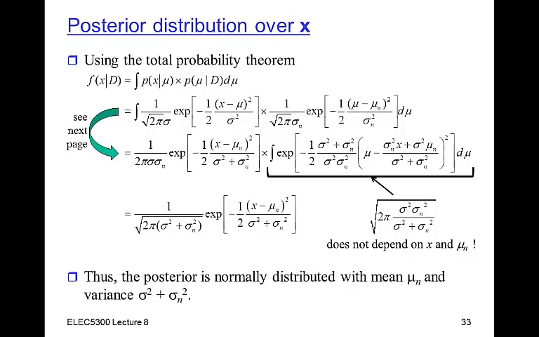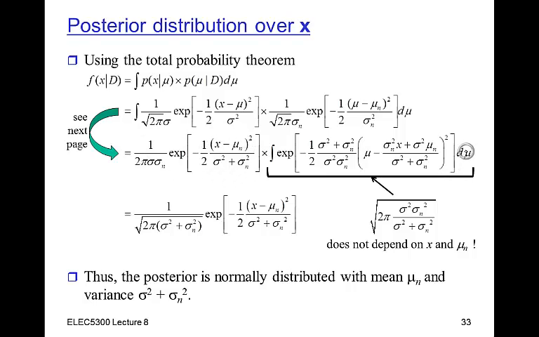And so we'll see on the next page that by manipulating the quadratic inside these exponentials, we can split this integral into two parts. One part depends only on x and mu sub n, sigma sub n. So these are all things that we estimated or we know. And this all resides outside the integral.